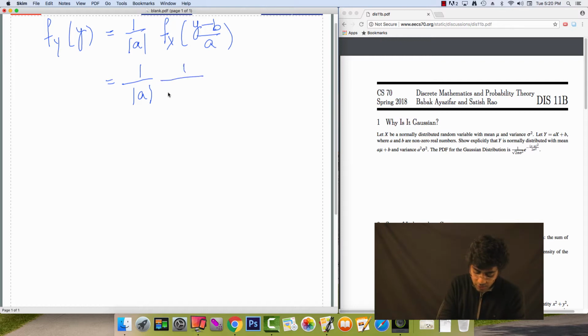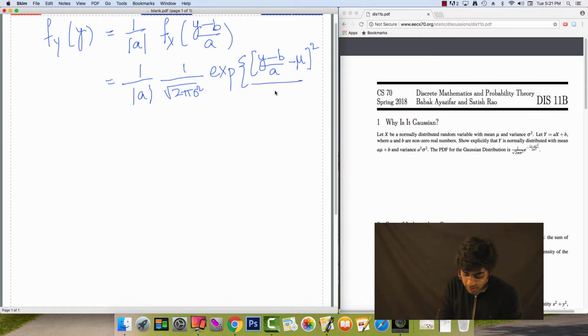So I get 1 over root 2 pi sigma squared times the exponential of ((y minus b) over a minus mu) squared over 2 sigma squared.